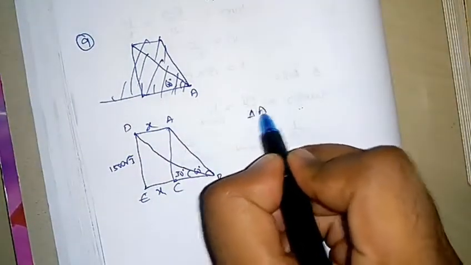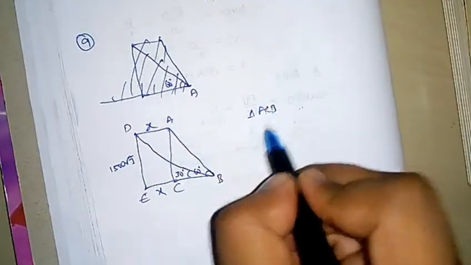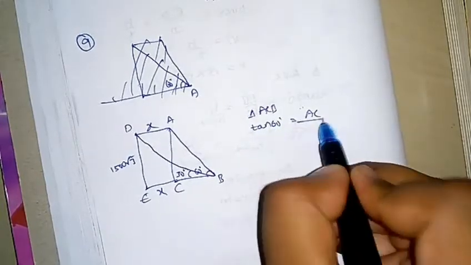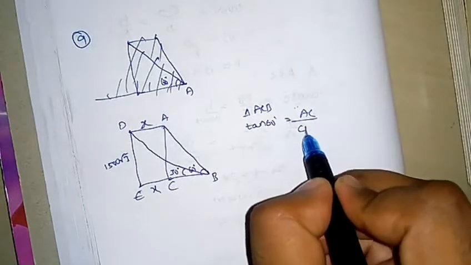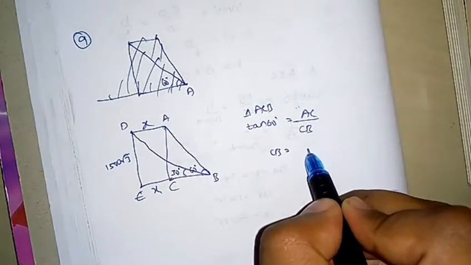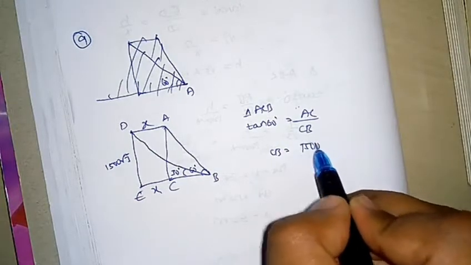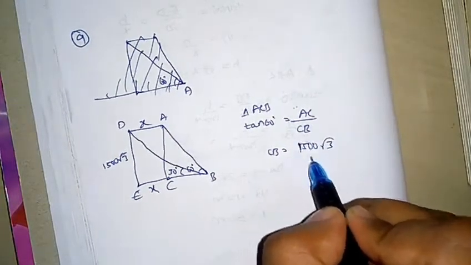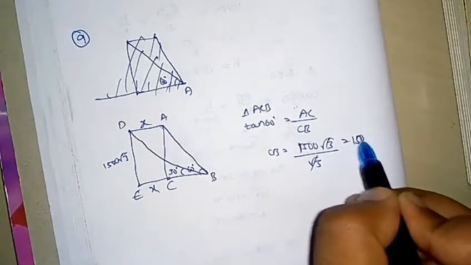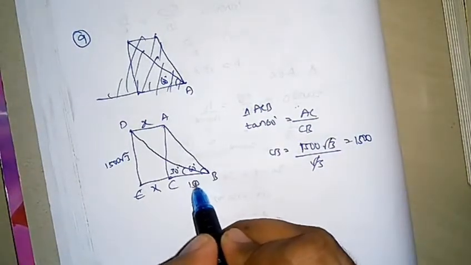Now in triangle ACB, tan 60 degrees is equal to AC by CB. So CB is equal to AC, which is 1500 root 3 by tan 60, which is root 3. You cancel, so CB is 1500.